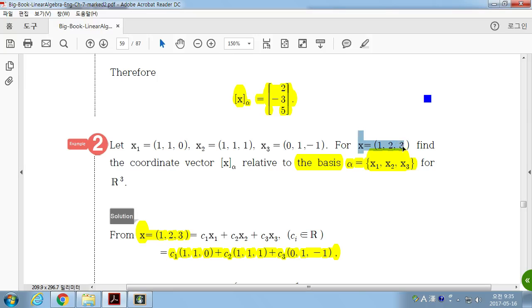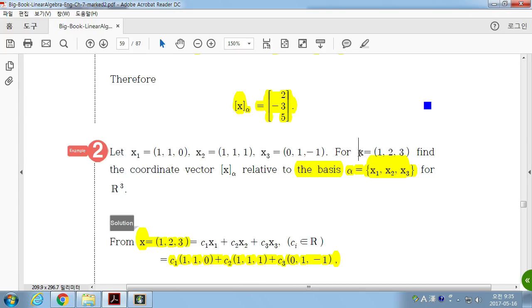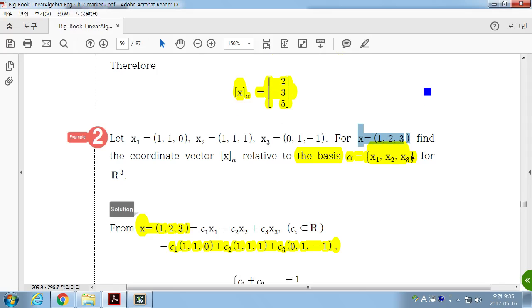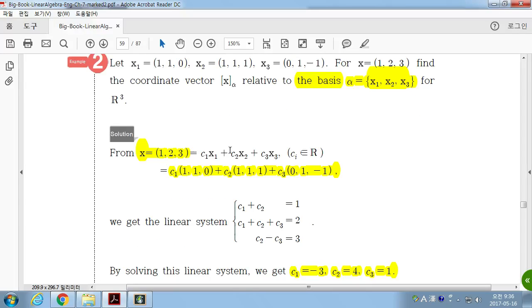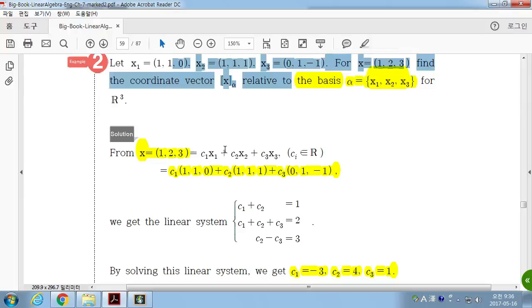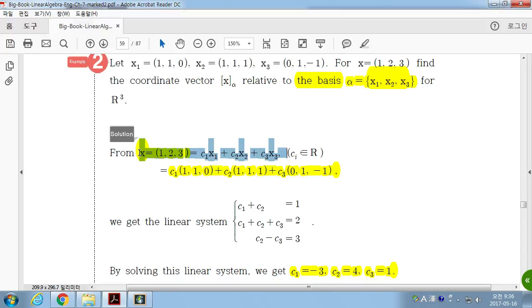For the same vector x equal to (1, 2, 3), we want the coordinate vector of x with respect to the given basis alpha. How can you find it? You should make a linear combination of these xi's to make the given vector (1, 2, 3), isn't it?